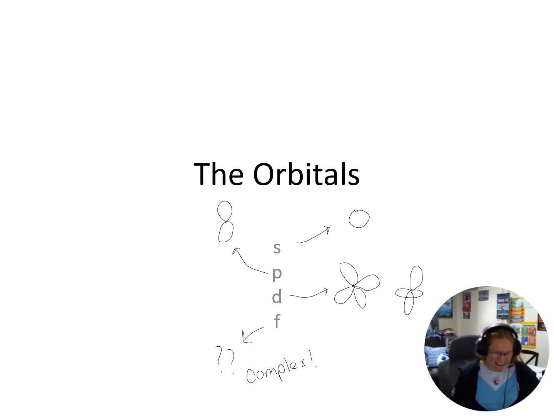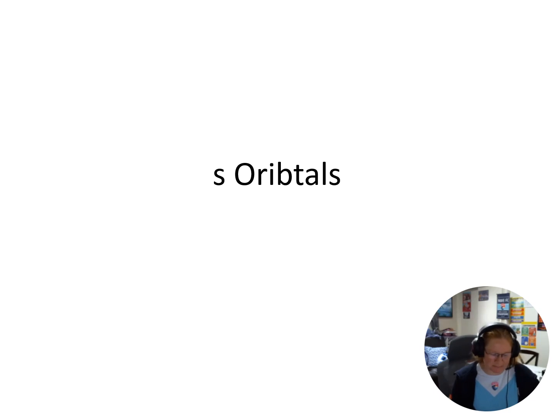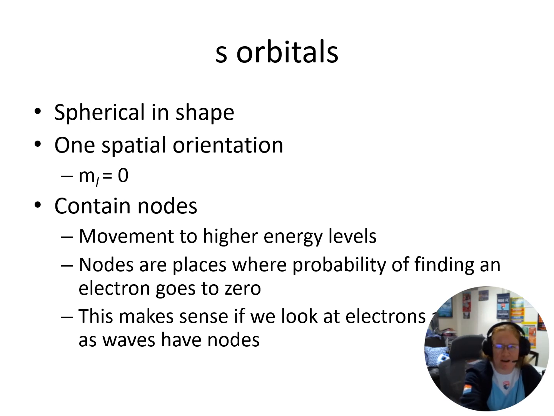All right, so let's get into it. Let's take a look at our s orbitals. Remember, they only have one spatial orientation. When I have the plural on here, the s orbitals are like the 1s, the 2s, the 3s. We're only going to get one orbital per subshell. Our s orbitals are spherical in shape.